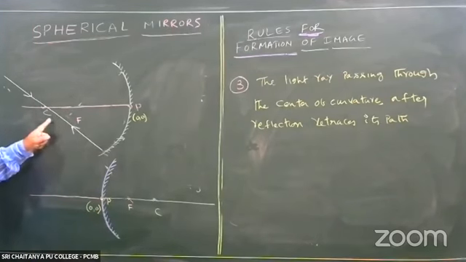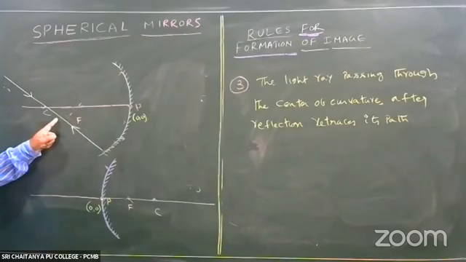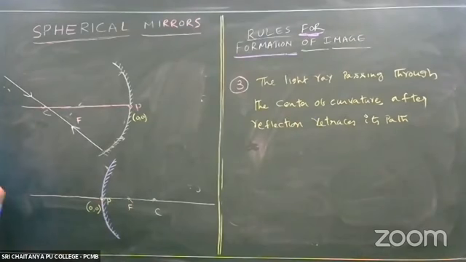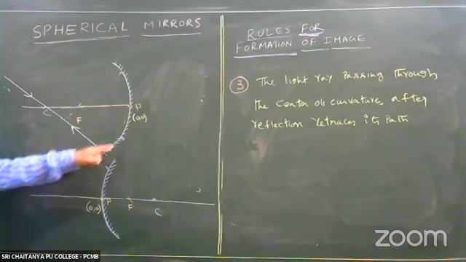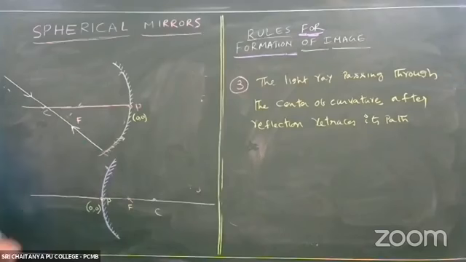Here, this will act as a normal in case of spherical mirrors. How to draw normal in case of the spherical mirror? Any line which joins the center of curvature to any point on the mirror will be treated as normal, because to study reflection and refraction, normal is important.